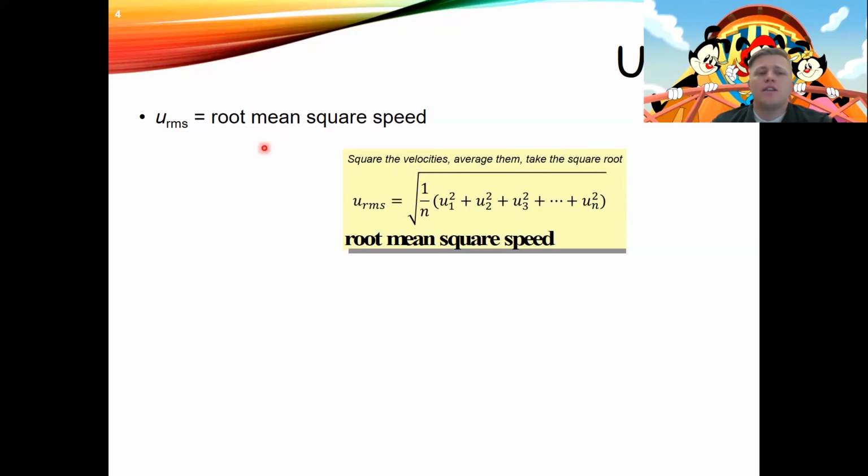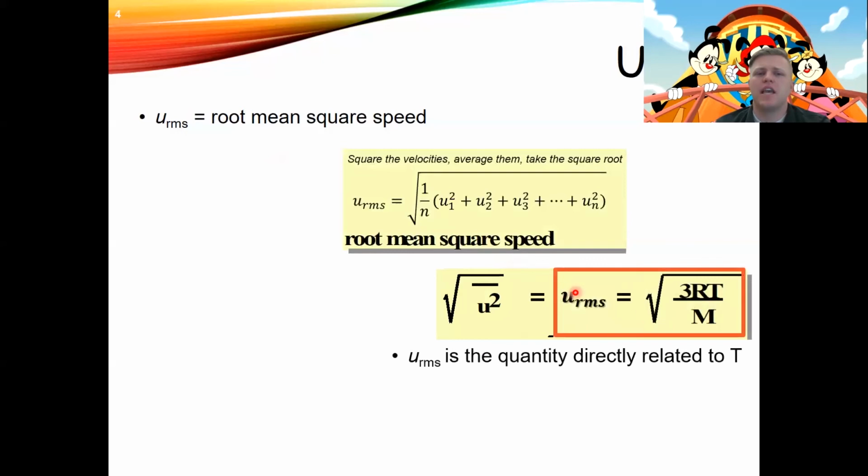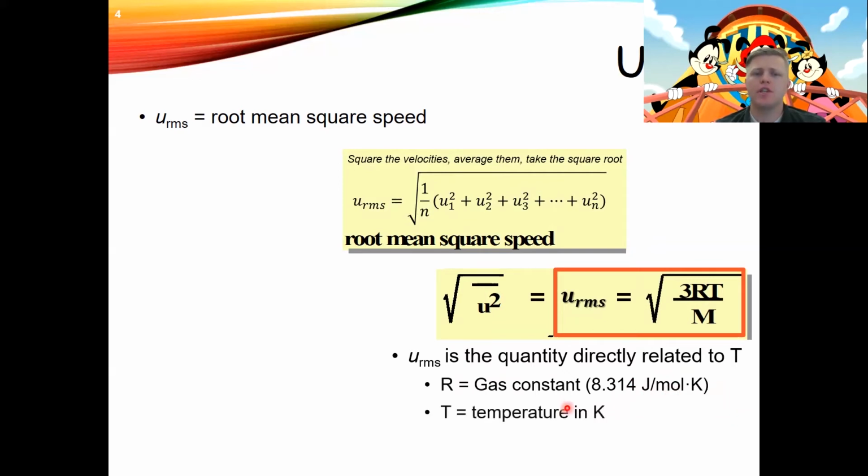All right, so that is our root mean square speed. It's not exactly an average, and like we said, it's equal to the square root of 3RT over M. Let's talk about these terms more specifically. R is a new constant we'll be dealing with, called the gas constant, and it has a value of 8.314 joules per mole Kelvin. The T is the temperature in Kelvin.